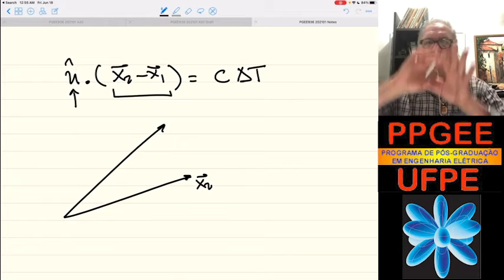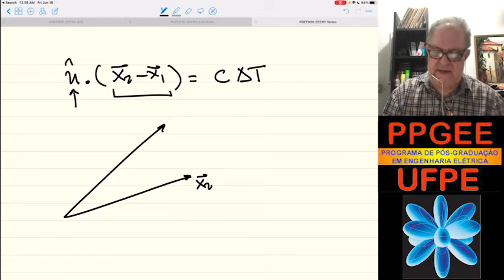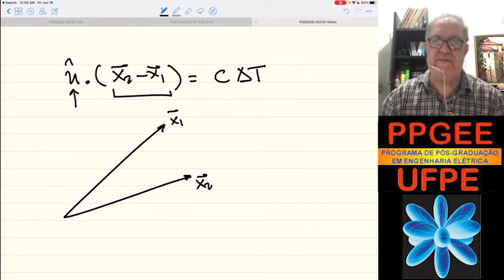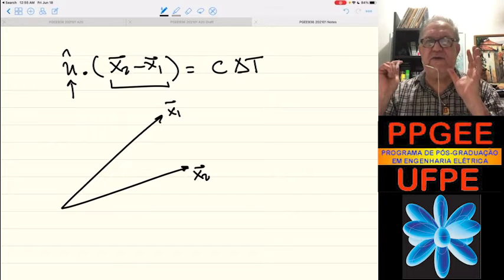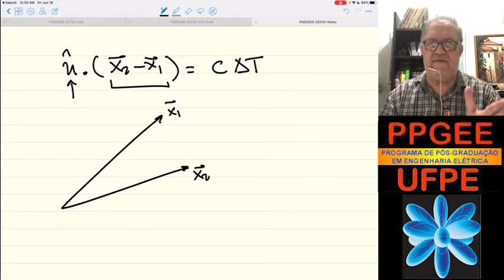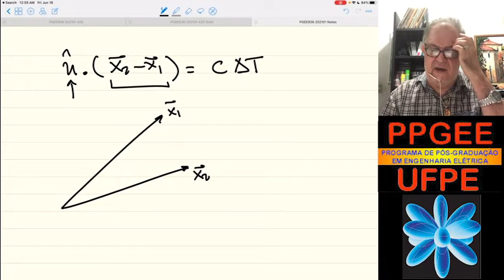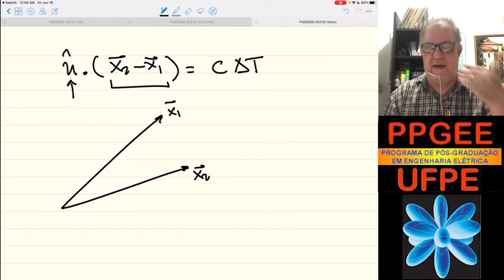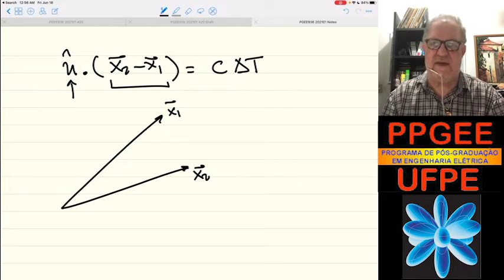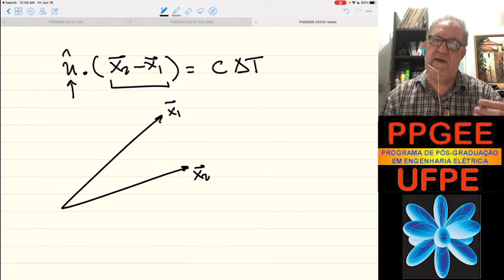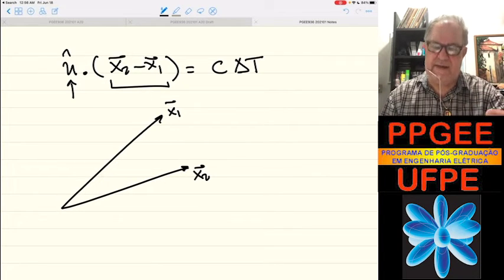So I have a locus of points x2 and a locus of points x1, right? So all the points on x2 are on a surface, on a wavefront. All of the points on x1, on a given surface, have moved to a new place.